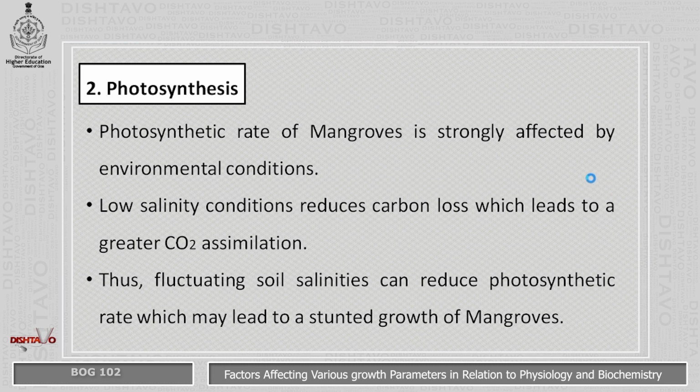Low salinity conditions reduce carbon loss, which leads to a greater CO2 assimilation. Thus, fluctuating soil salinities can reduce photosynthetic rate, which may lead to a stunted growth of mangroves.